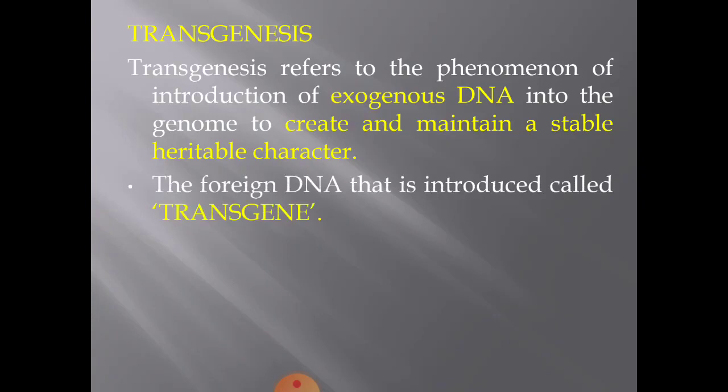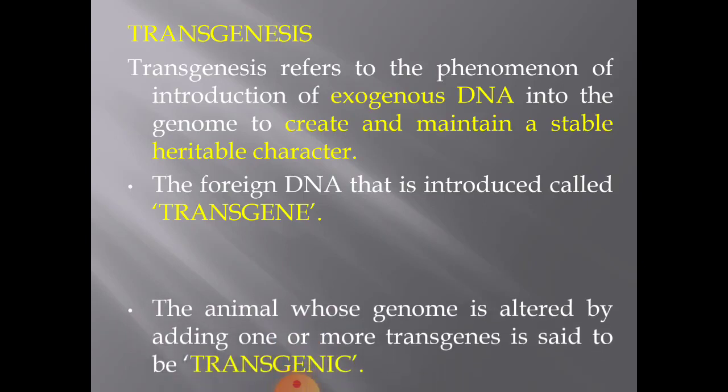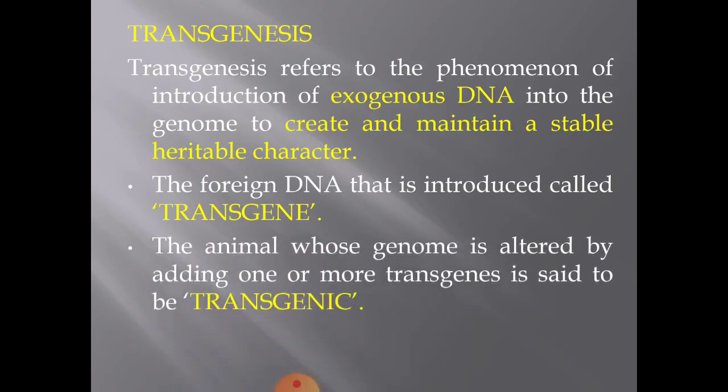And you should know certain terms right now. The foreign DNA, what you are going to introduce, is called transgene. Then the animal whose genome is altered by adding one or more such transgenes is said to be transgenic. Say you have a mouse with you.